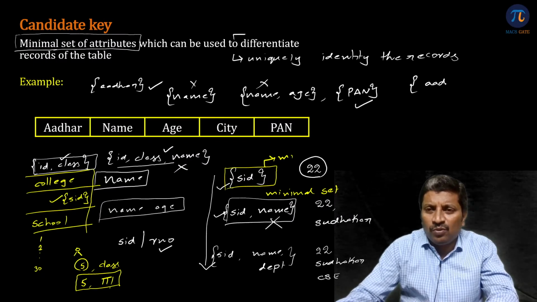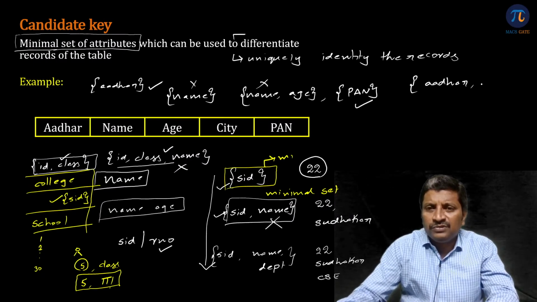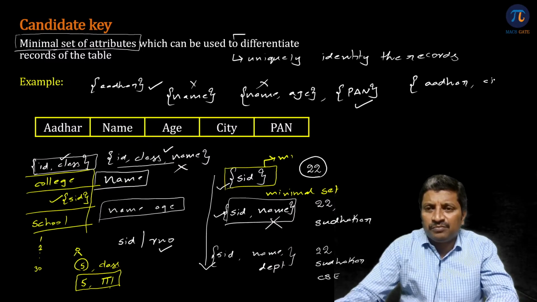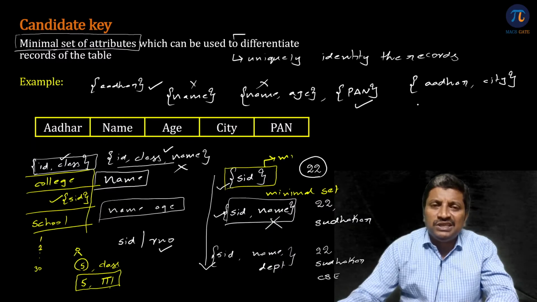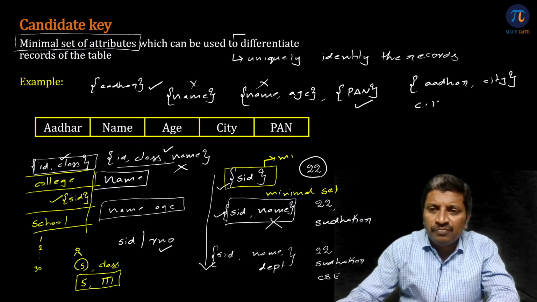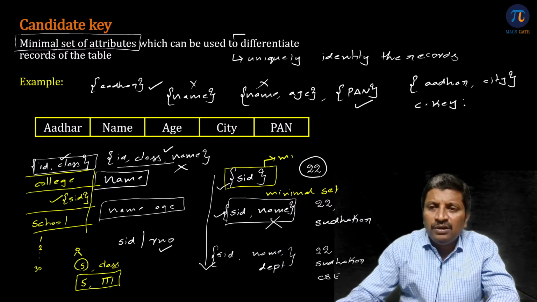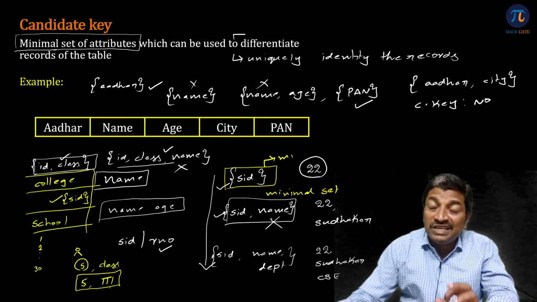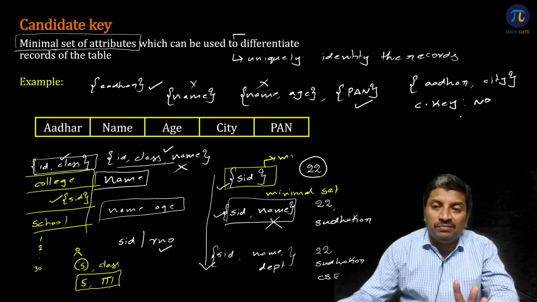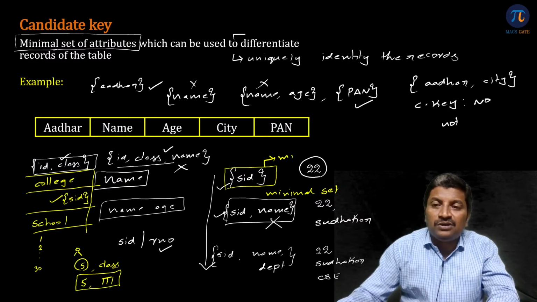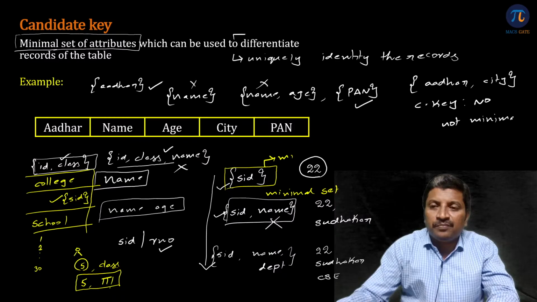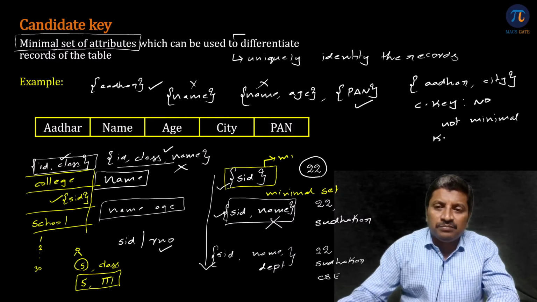Now, can you answer this question? Suppose I have Aadhaar, comma, city in which he is living. Now the question is, is it a candidate key? No, sir, because it is a key, but it is not minimal. It is not minimal because city is not mandatory, but it is a key.